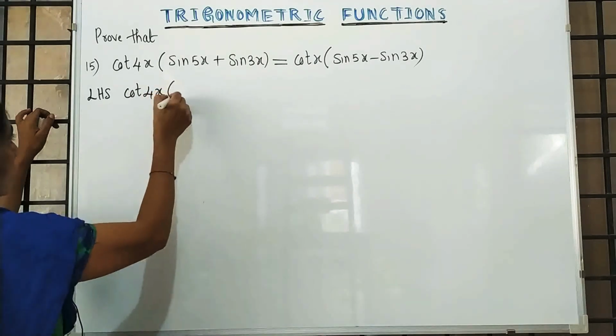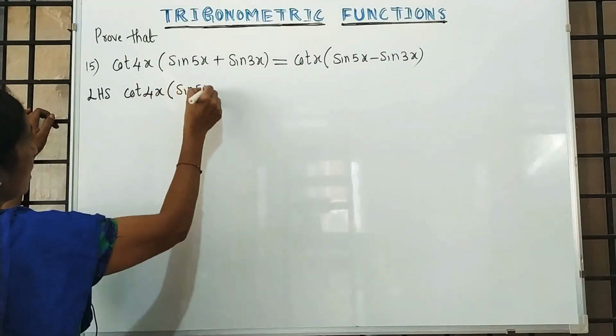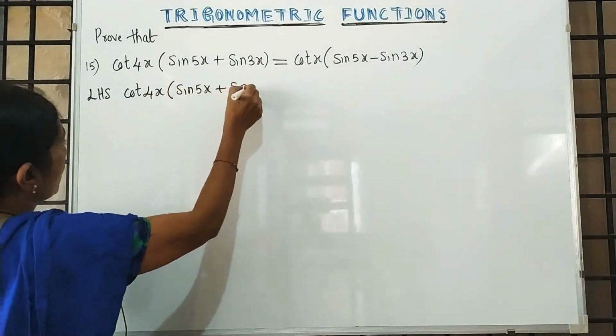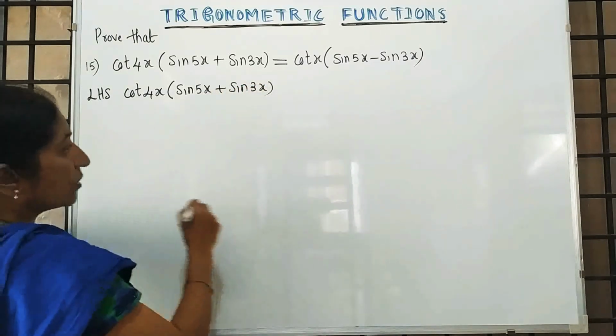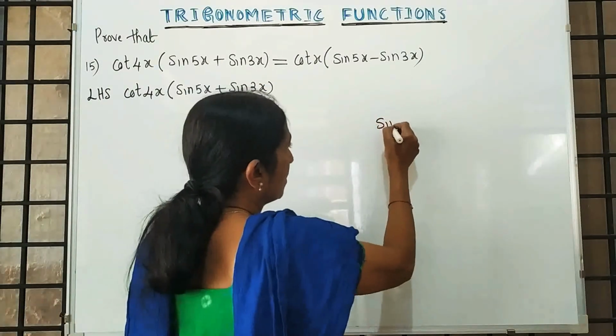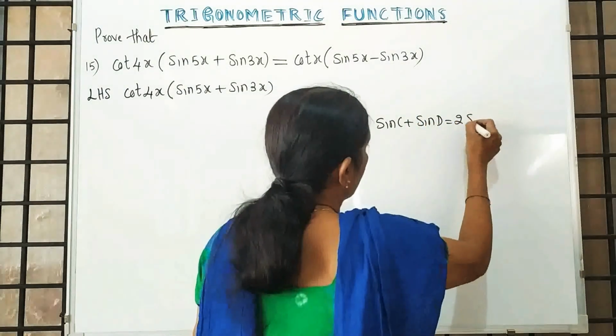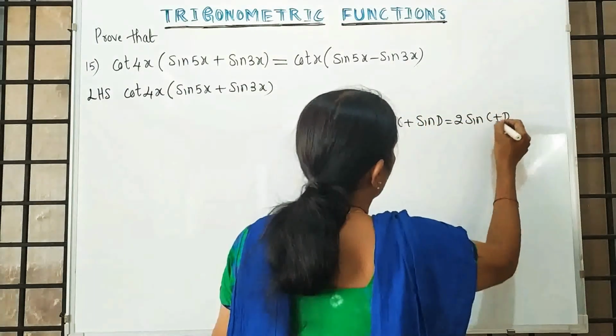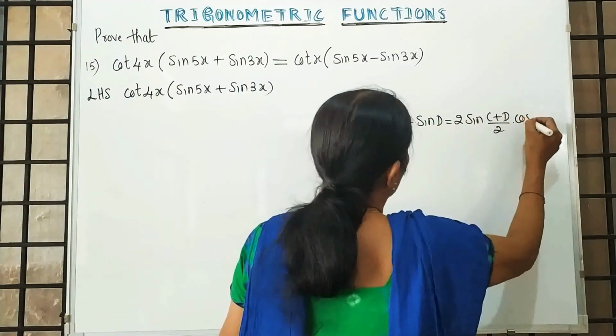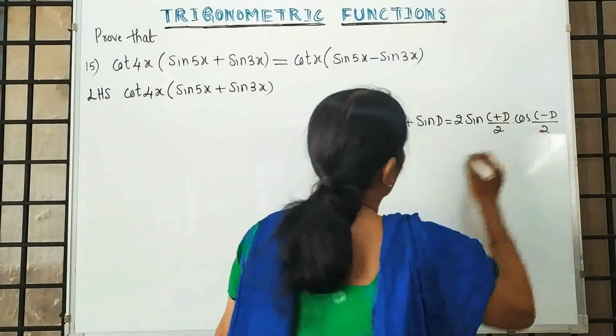Cot 4x into sin 5x plus sin 3x. For the bracket term we are applying sin c plus sin d, that is 2 sin c plus d by 2 into cos c minus d by 2.